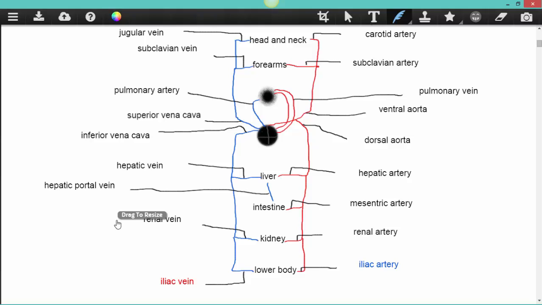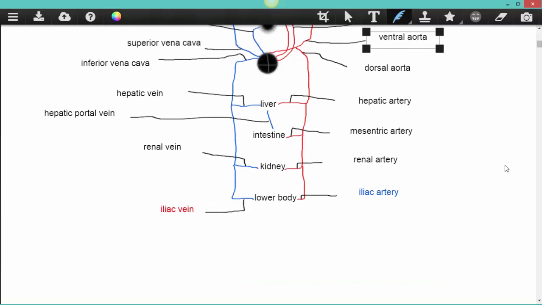Arteries always carry blood away from the heart, and veins always carry blood to the heart. As the right side of the heart has deoxygenated blood, the pulmonary artery carries deoxygenated blood to the lungs. As oxygenated blood is sent to the heart, this is called a pulmonary vein, not a pulmonary artery. I hope you're not confused.